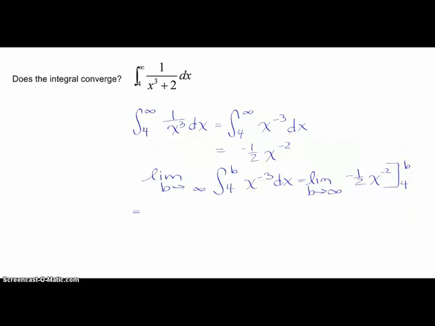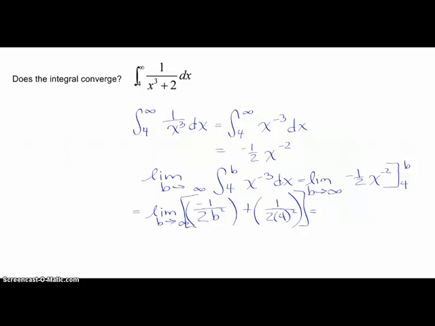And so we would write this as the limit as b approaches infinity of, I'm going to put negative 1 over, instead of 2x squared, though, I'm plugging in b for x. So there's my upper limit, minus my lower limit, which is going to be negative, so I'm going to make that positive, 1 over 2 times 4 squared. And all of that is inside my limit.